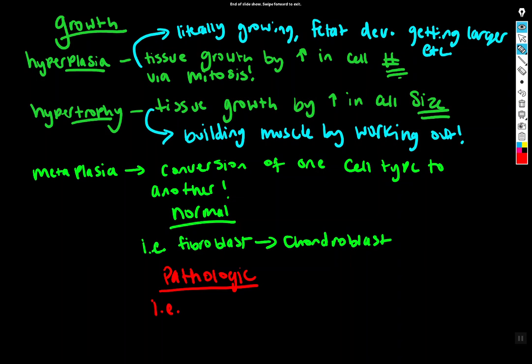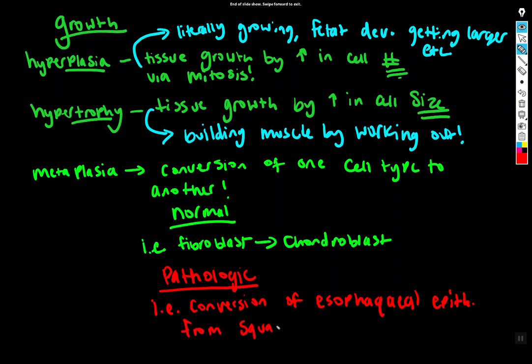If you have prolonged GERD, which is gastroesophageal reflux disease, or an extreme case of bulimia nervosa, you can get the conversion of the esophageal epithelium from squamous to columnar or cuboidal, which doesn't have two L's, just got carried away.